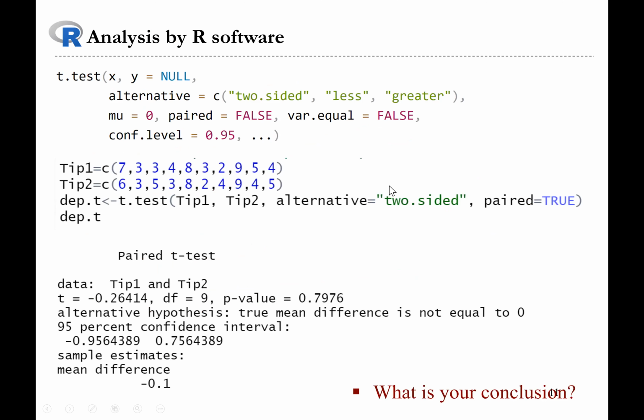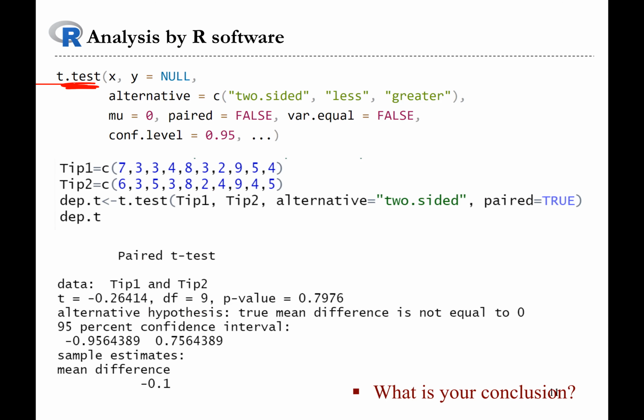So how do I do the paired t-test using R? Use the same function again, t.test. The function t.test can be used to test mu1 equal mu2 for the independent case, and mu d equal 0 or not for the dependent case.